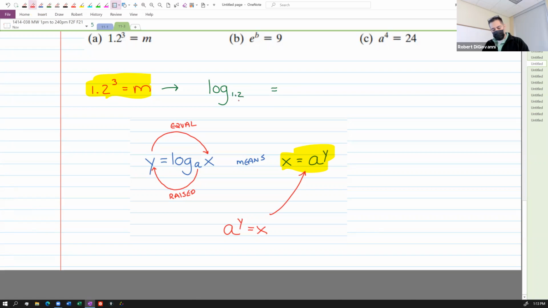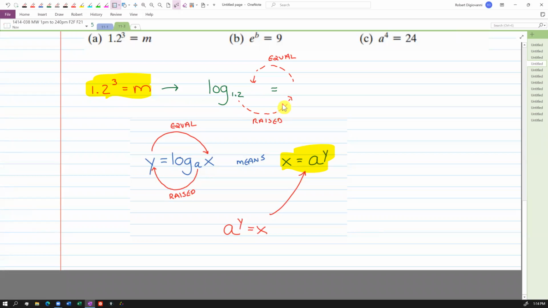There's this imaginary loop that goes like this, and it says raised to that must equal that. So when you look at this, what power am I raising the 1.2 to? 3, right? So the other side of the equation is going to be 3. And then that must equal, so what is it equal to? m, right? So that m goes here.